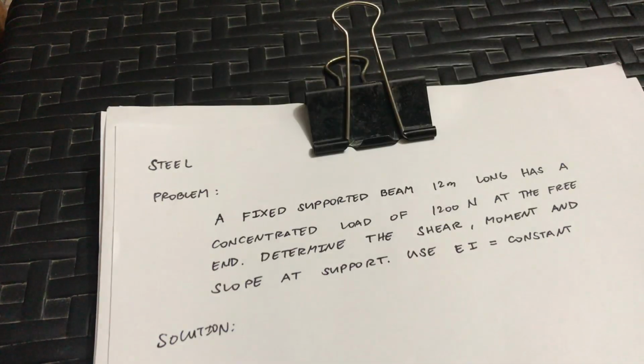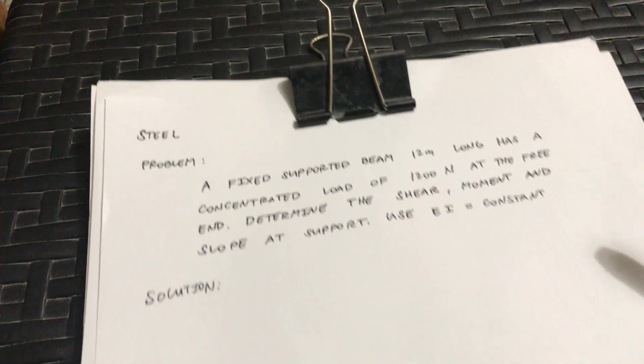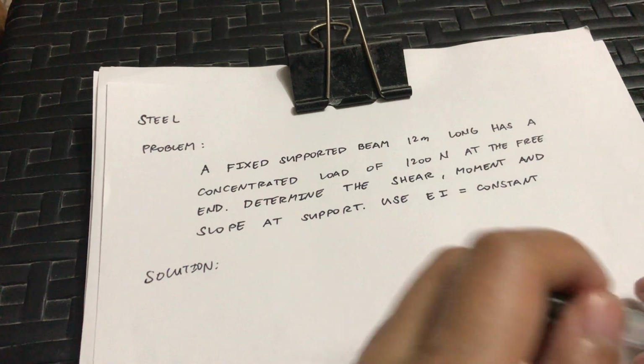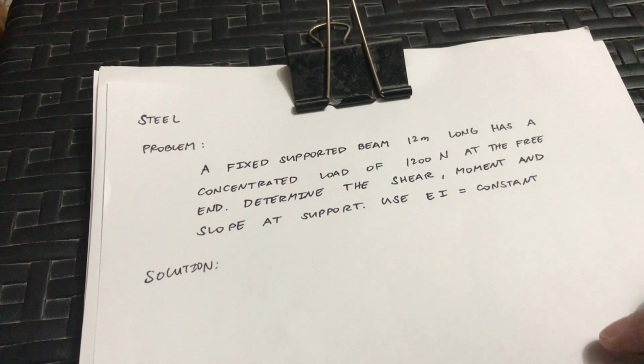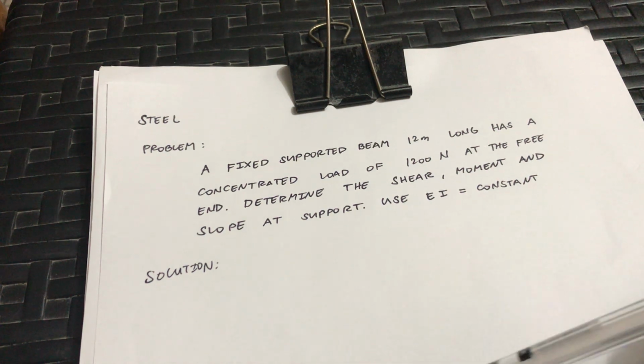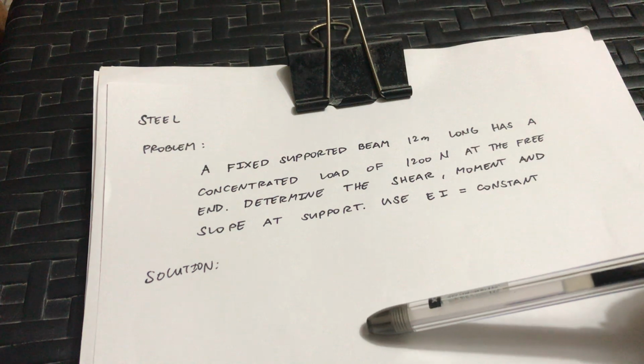Now you might be wondering, why are we solving shear, moment, and slope for our steel subject? In our module 6, I did not put it there yet, the problems involving the topics under steel for module 6, but instead I'll put it for module 7.